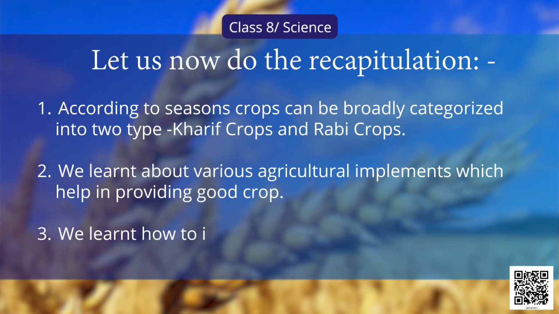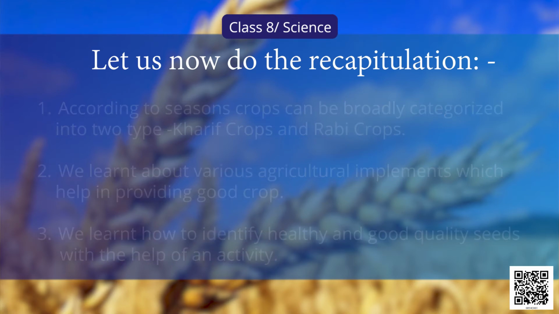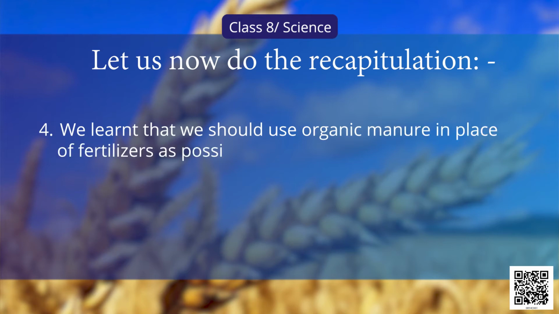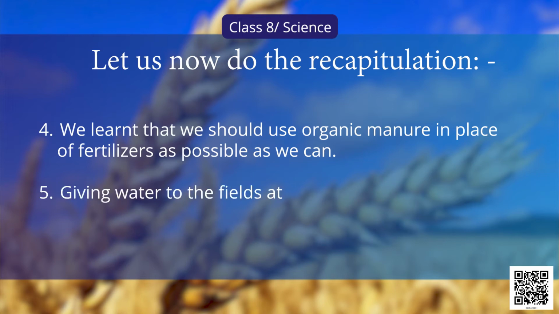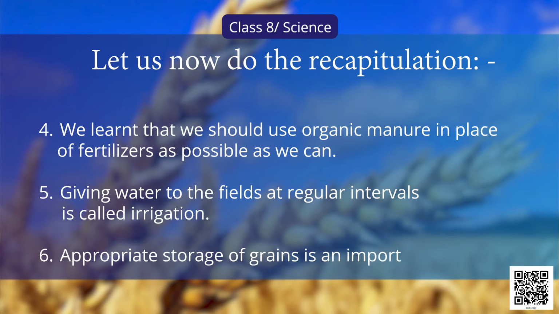We learned how to identify healthy and good quality seeds with the help of an activity. We learned that we should use organic manure in place of fertilizers. Giving water to the fields at regular intervals is called irrigation. Appropriate storage of grains is an important task.